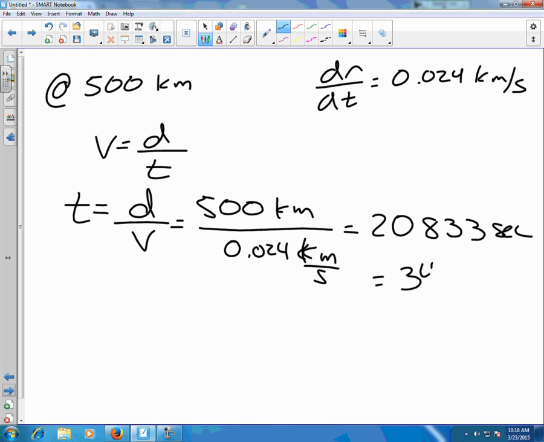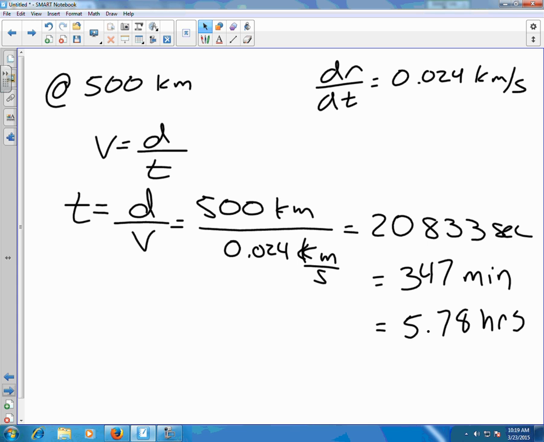Okay, divide it by 60 again. That's reasonable. And about 6 hours to get away. If you're 500 kilometers. If you're 5,000 kilometers, it'd be 10 times this, right? And now you got probably pretty much a whole day to escape.